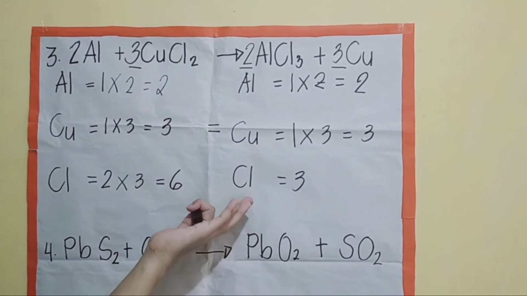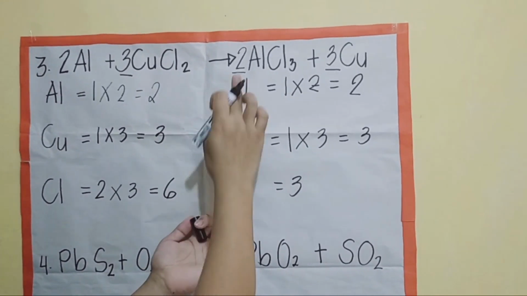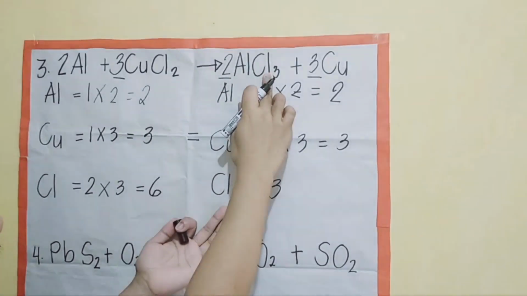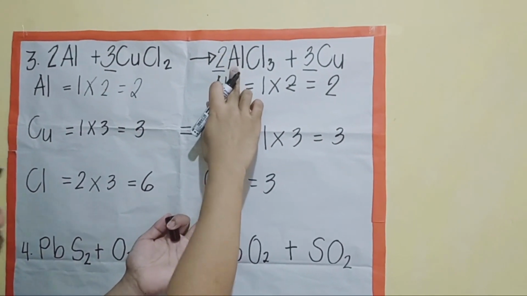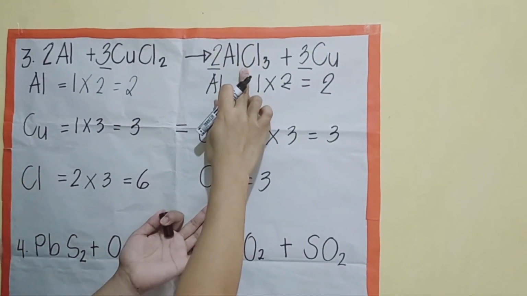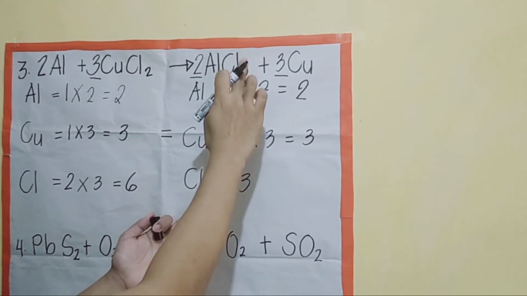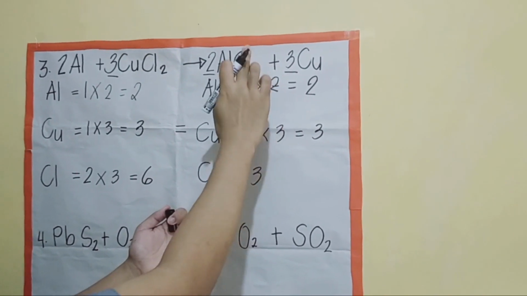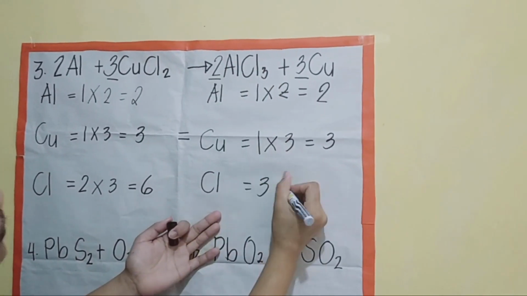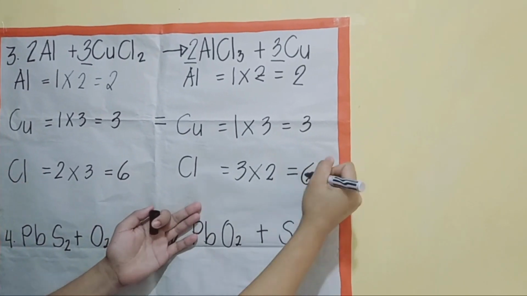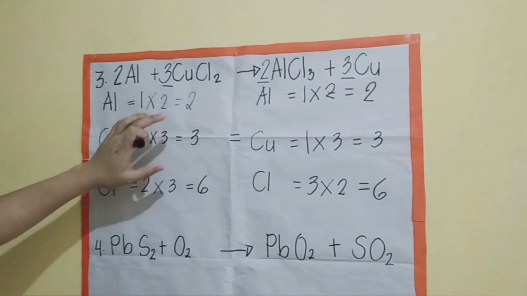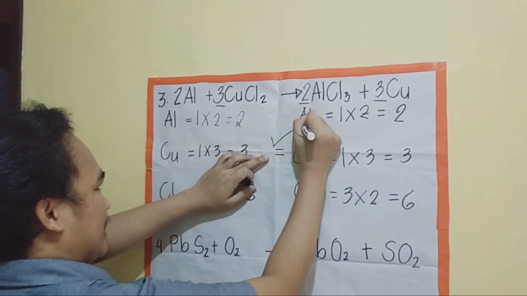And then go to the right side. 2 times 3, always remember that this 2 is for aluminum and chlorine, and then chlorine has 3 atoms. So therefore, 3 times 2 is equal to 6. So the chemical equation is now balanced.